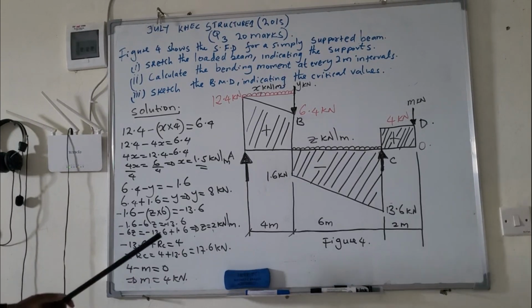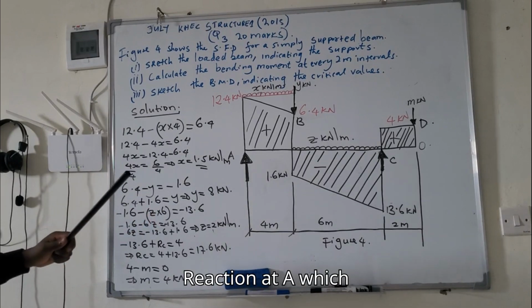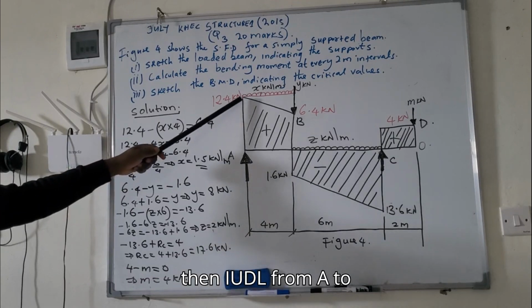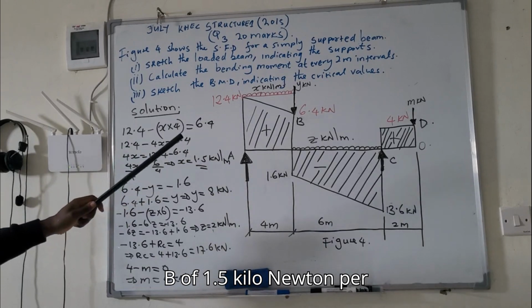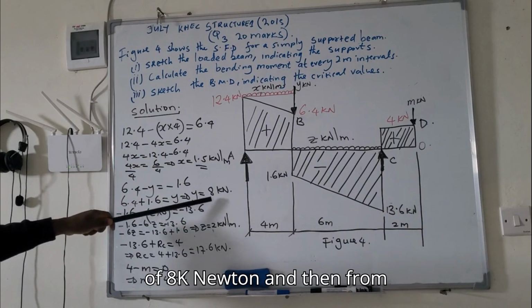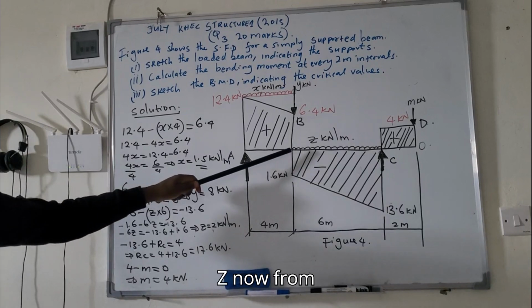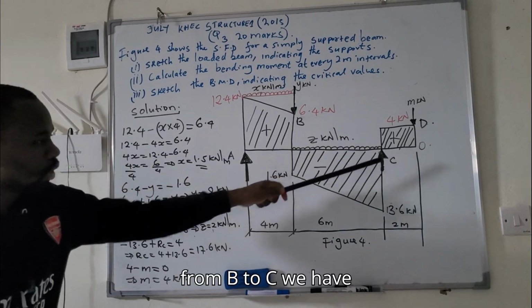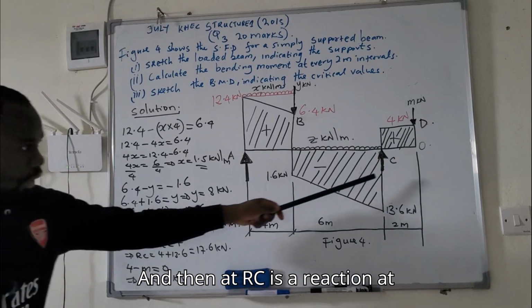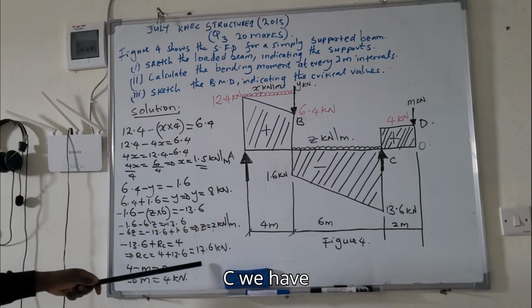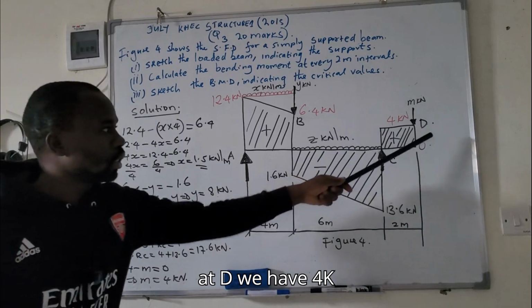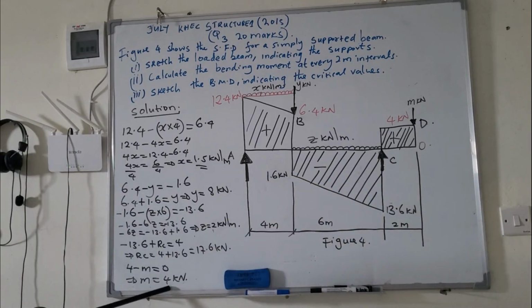We have reaction at A, which is 12.4 kilonewton, and then a UDL from A to B of 1.5 kilonewton per meter, and then at B we have a concentrated load of 8 kilonewton, and then from B to C we have a UDL of 2 kilonewton per meter, and then at C, the reaction RC, we have 17.6 kilonewton, and then at D we have 4 kilonewton.